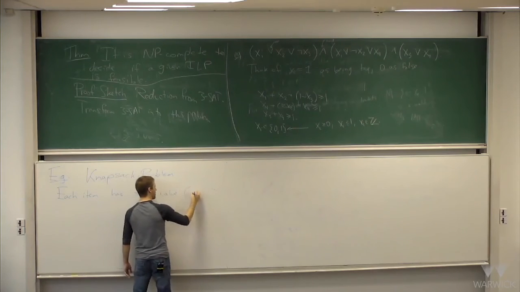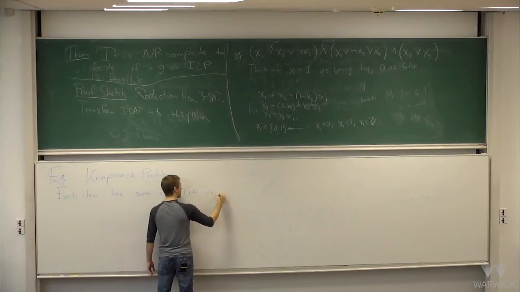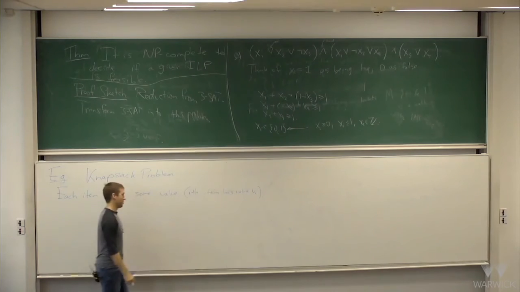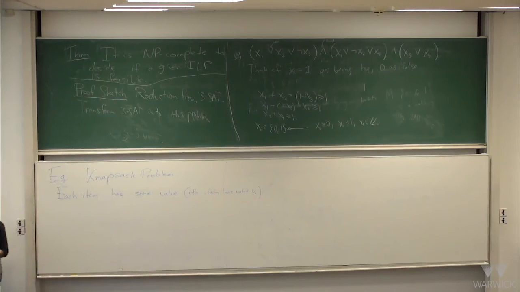So let's say the ith item has value vi. So if you're going on holiday, maybe the value has something to do with how valuable it is on that trip. So if you're going to the beach, your snorkel might have high value or something like that. Your swimming shorts or swimming costume would certainly have high value.